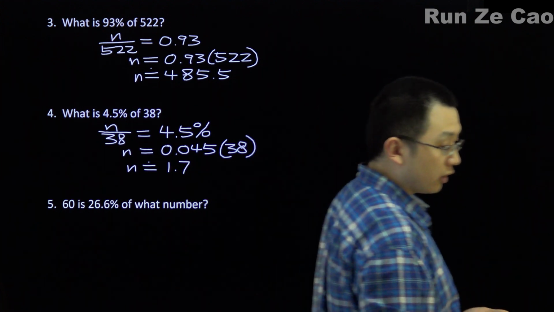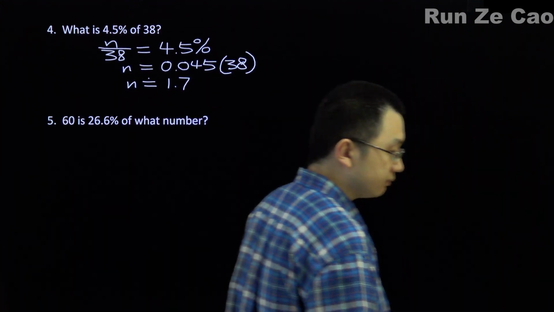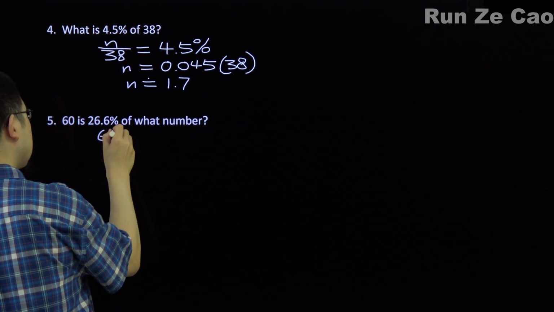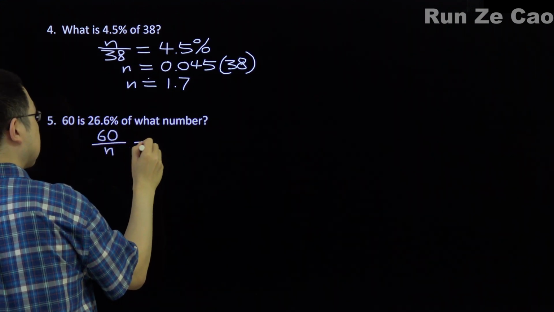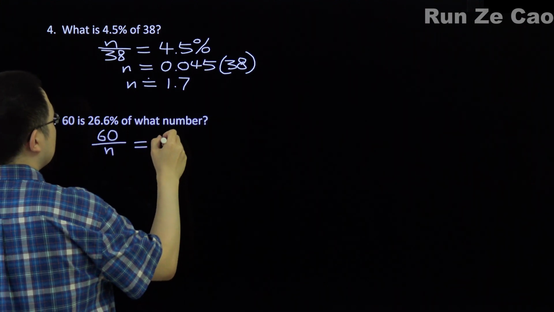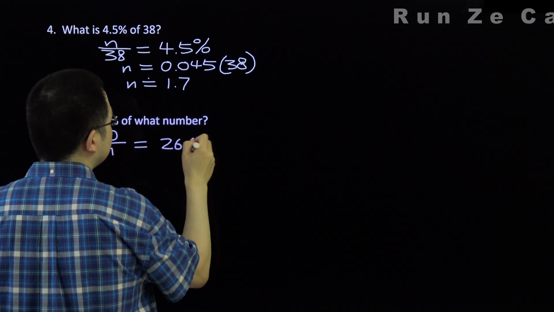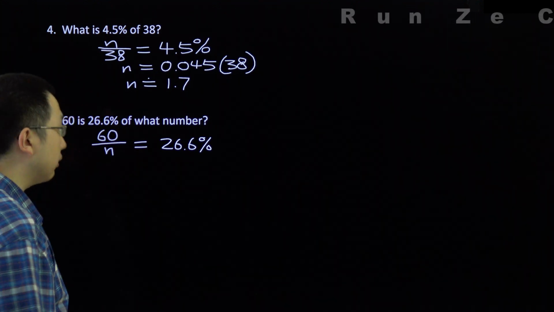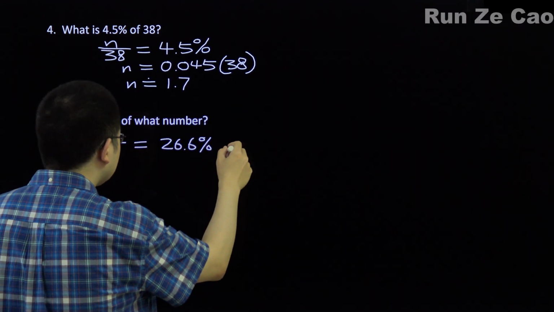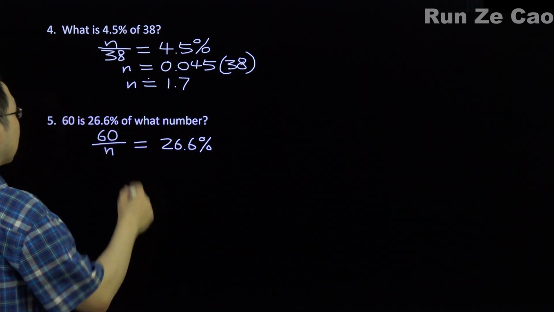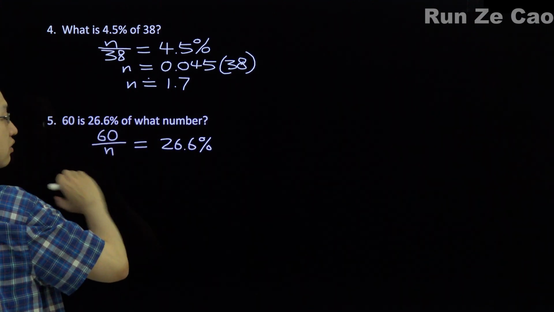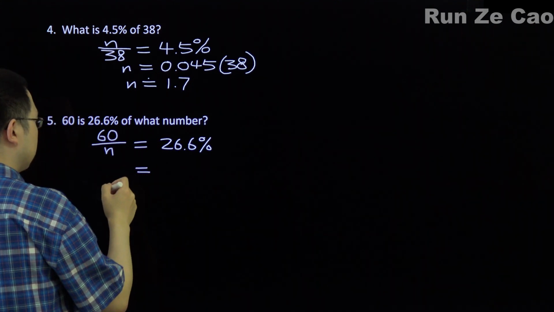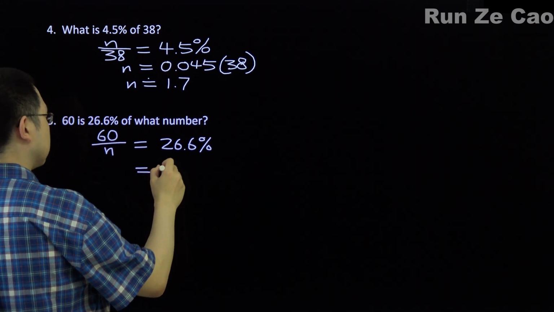60 is 26.6% of what number? 60 over n is equal to 26.6%. Look, if we weren't restricted to using the percent proportion, I would totally go 60 equals 26.6% n. It's just the sentence translated directly into math. But alas, it is not to be.